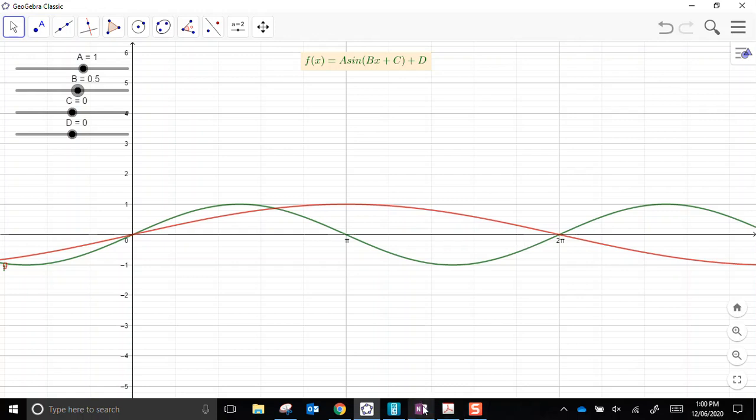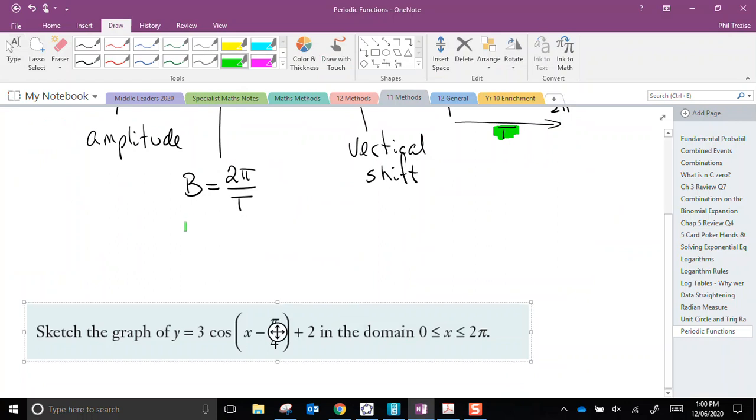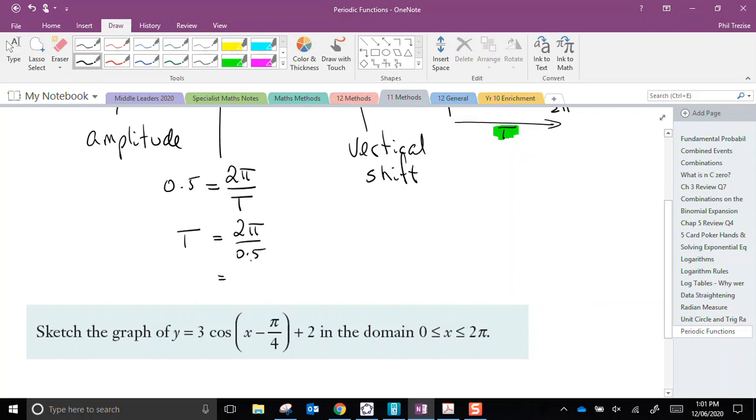Now going back for a moment to my notes, if I had that b equals 0.5, let's just change that to 0.5, then I could calculate by transposing here 2 pi over 0.5, which is going to be 4 pi.